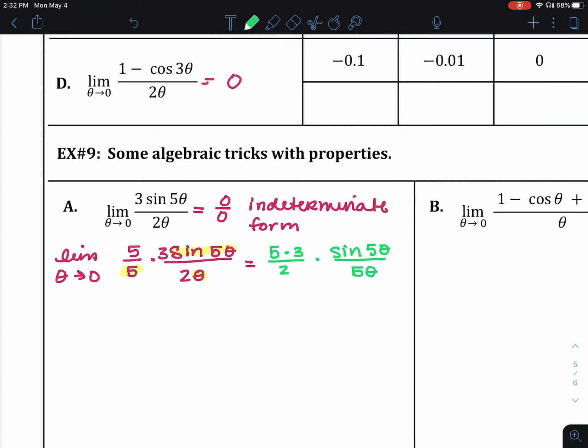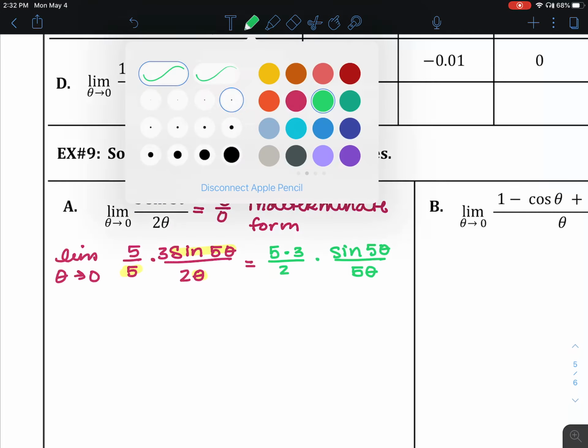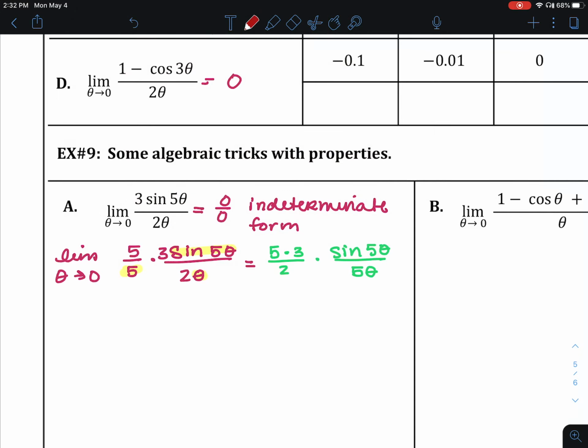All I did was use the commutative property of multiplication. I changed the order in which I multiplied, but it doesn't matter because you can change the order and the results are still the same. All right, so now sine of 5 theta over 5 theta turns out to be 1. And then we have 15 over 2. And so that's exactly how you're going to approach these limit problems.